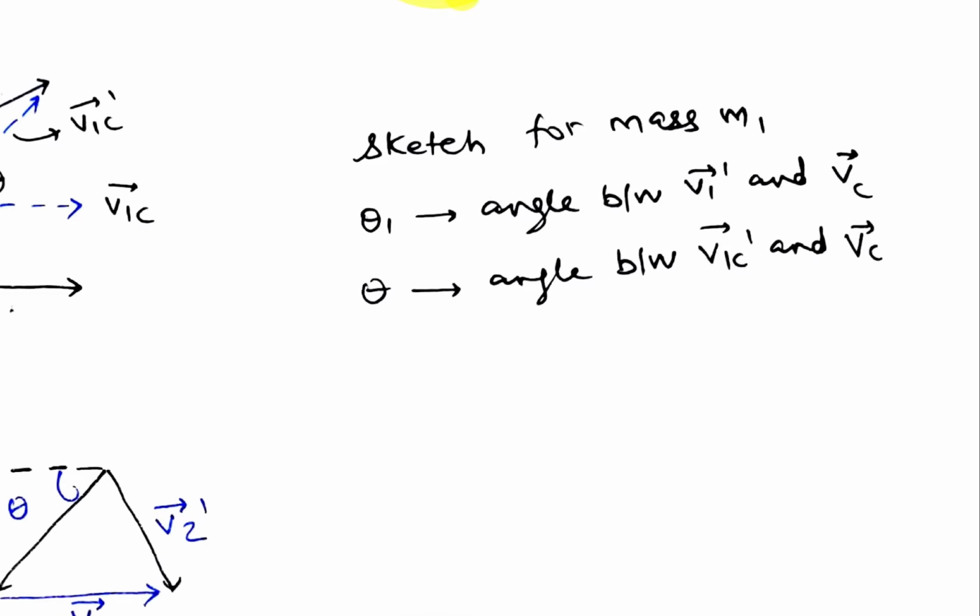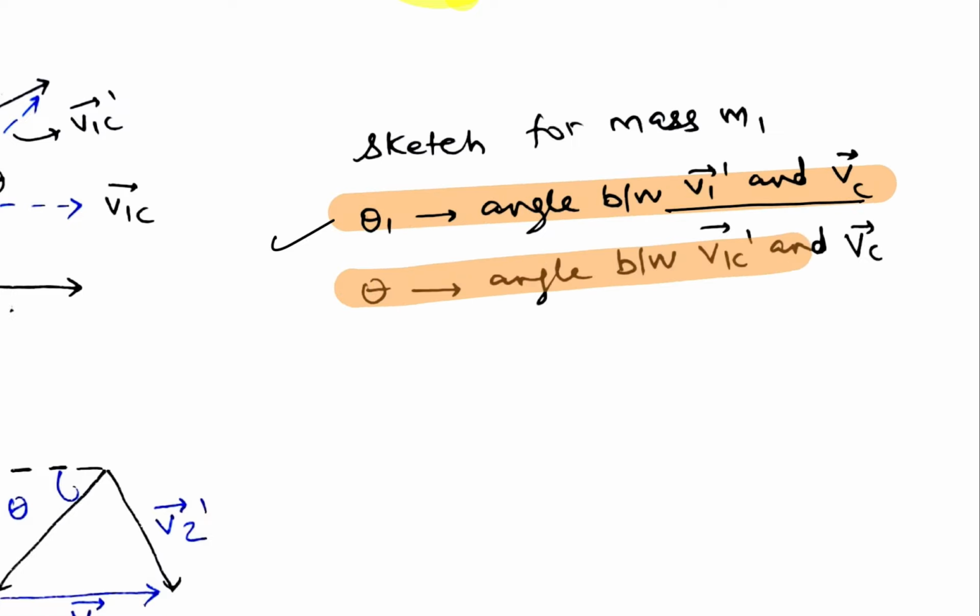So we have combined that, and we have two different notations here. The first is theta 1. Okay, it is the angle between V1 prime and VC, and this capital Theta is the angle between V1C prime and VC. Okay, so simple thing, they are both compared with VC, but they are different vectors.